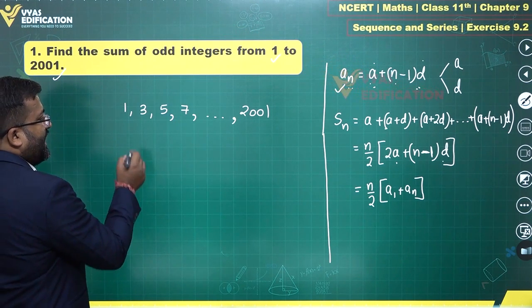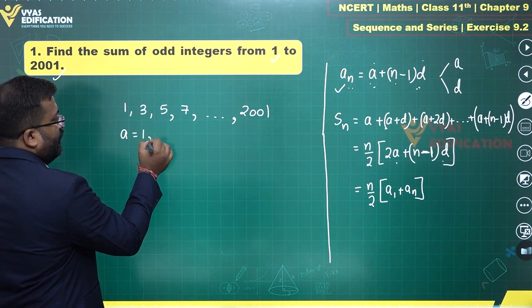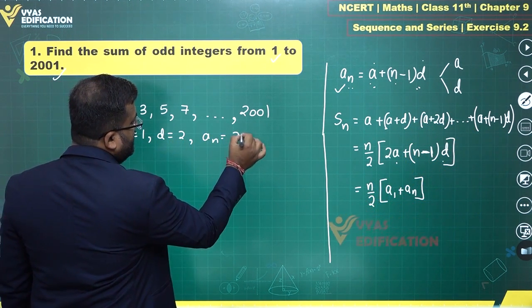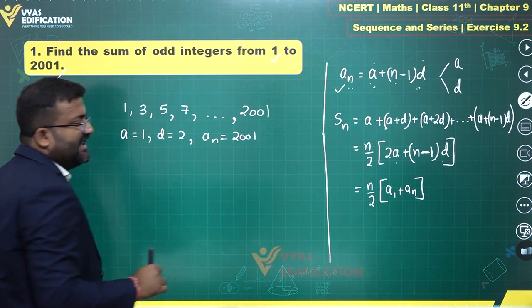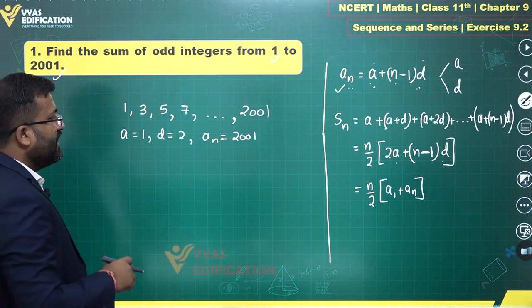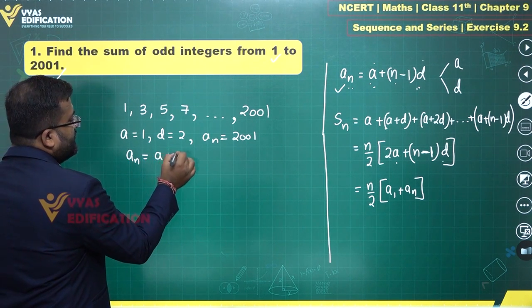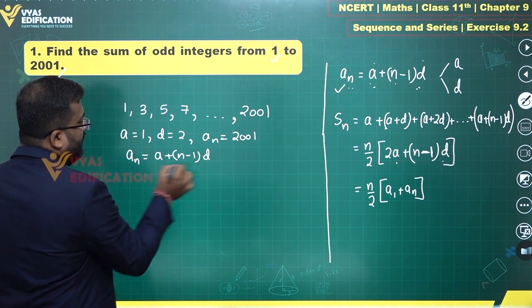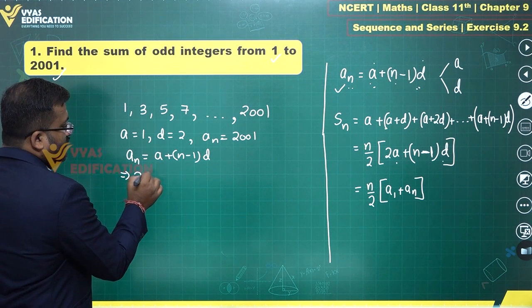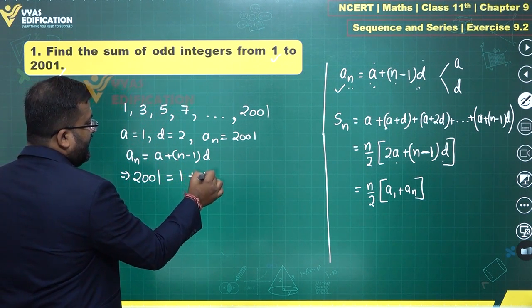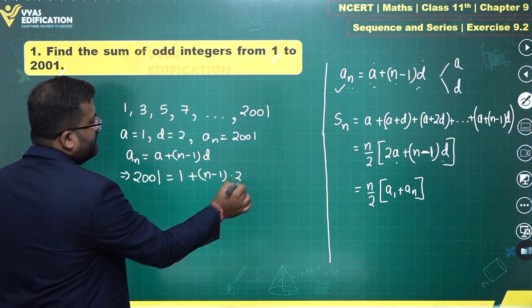So from here, I can observe that a is equal to 1, common difference is equal to 2, a_n is equal to 2001. Once I observe these few things in this sequence, I see that a_n can be written as a plus (n minus 1) d, or I can replace a_n by 2001, a by 1 and (n minus 1) times common difference, which is 2.